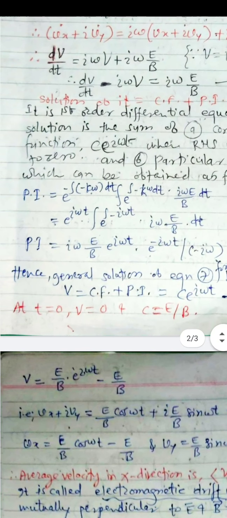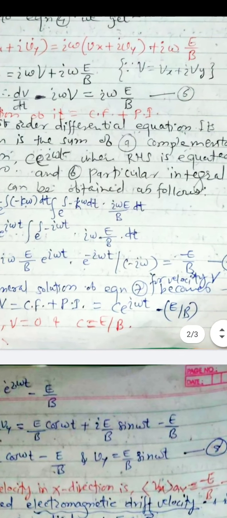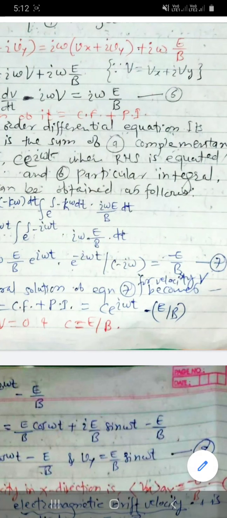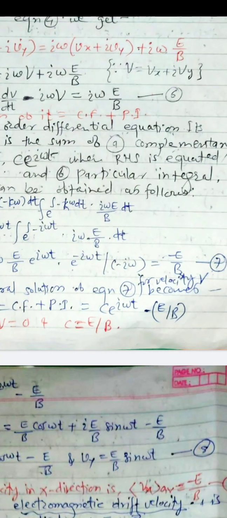That is, as the second part of the solution of first order differential equation 6, the particular integral is simply equal to minus E upon B, equation number 7. It means the particular integral is only the negative ratio of both fields applied to that particle when it enters that situation.